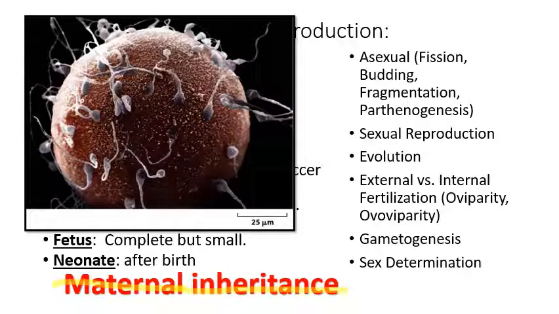So they took some cells from Prince Philip, and they looked at the mitochondrial DNA, and they compared the mitochondrial DNA from Prince Philip to the mitochondrial DNA that they found in these skeletons, and they found that yes, those are indeed the skeletons of Tsar Nicholas and his family.